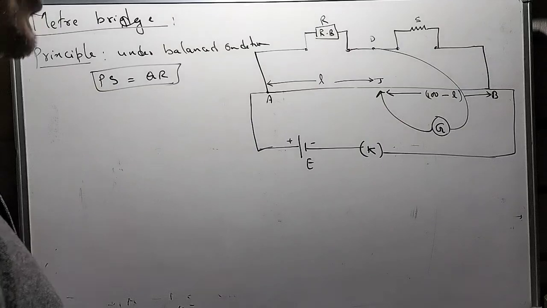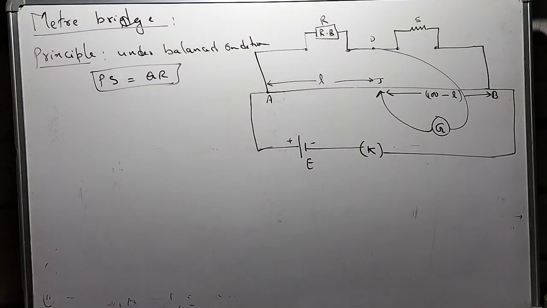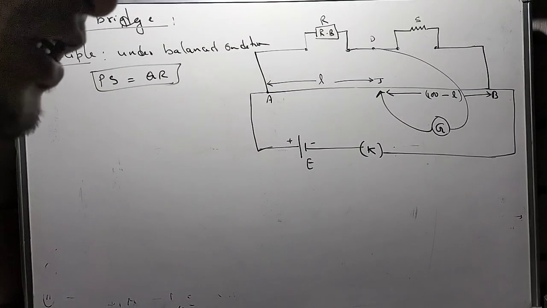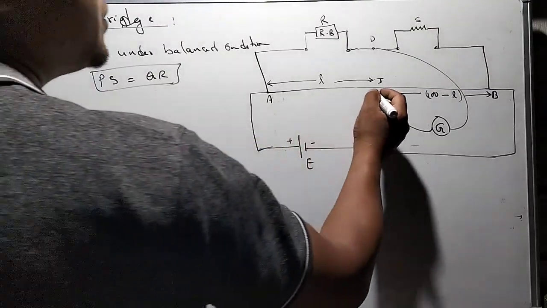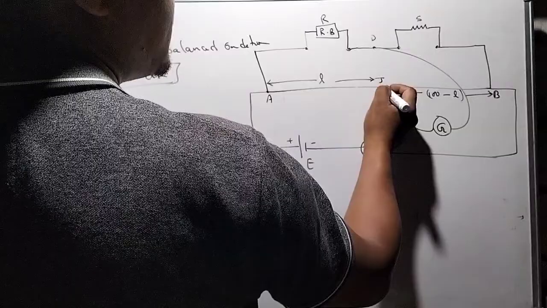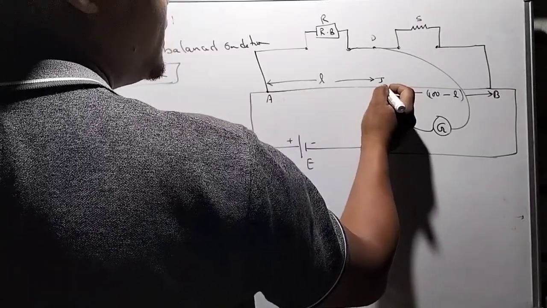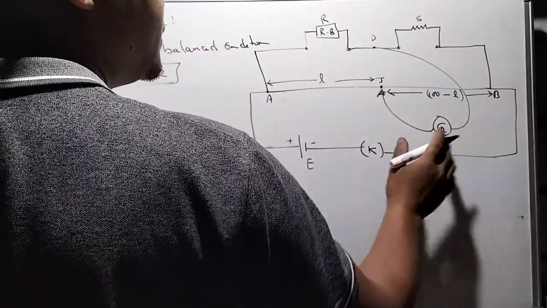Alright. So when the galvanometer gives zero deflection, what will happen in this case? Look here. Suppose the jockey is at this point where it touches the wire and the galvanometer gives zero deflection.